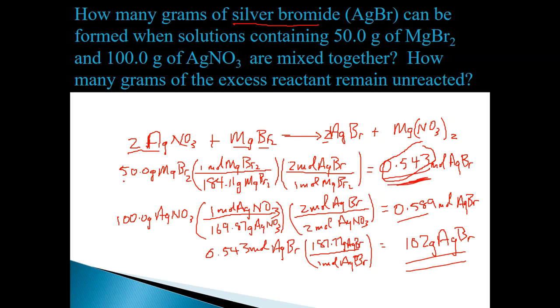So that tells us that the magnesium bromide is the limiting reactant, which means that the silver nitrate would be the excess reactant, all right?